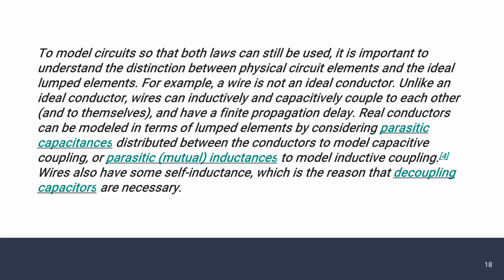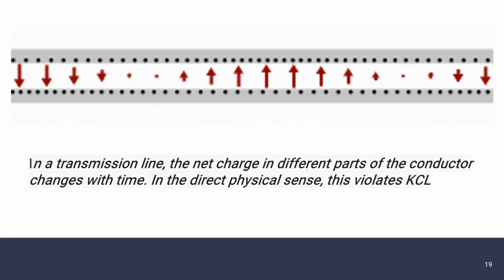Wires also have some self-inductance, which requires adding an inductor as necessary. A wire is not an ideal conductor, and wires are capacitively coupled to each other, with finite propagation delay. For example, in a transmission line, the net charge in different parts of the conductor changes with time.